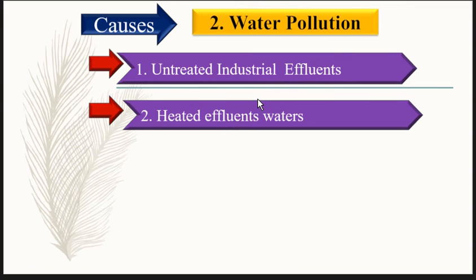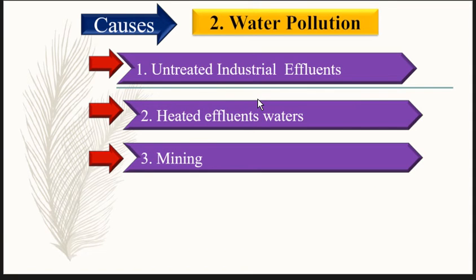Next cause of water pollution is heated effluent waters. Heated effluent waters such as from coal or nuclear power plants can considerably harm aquatic ecosystems. This is known as thermal pollution and can affect fragile organisms like corals. Then next is mining.